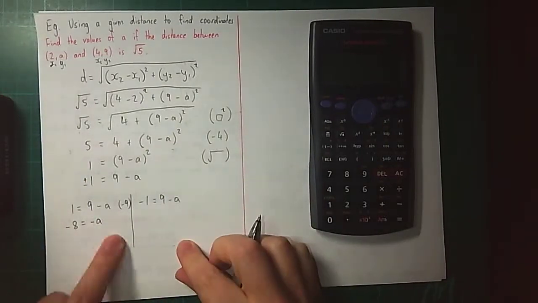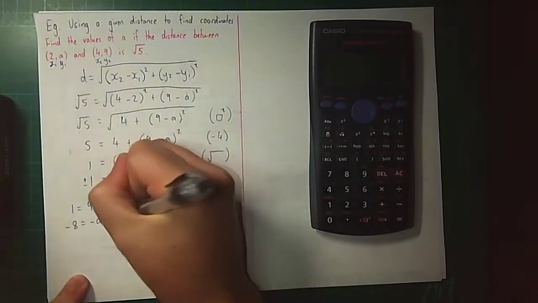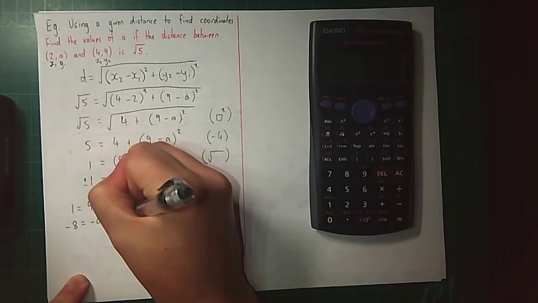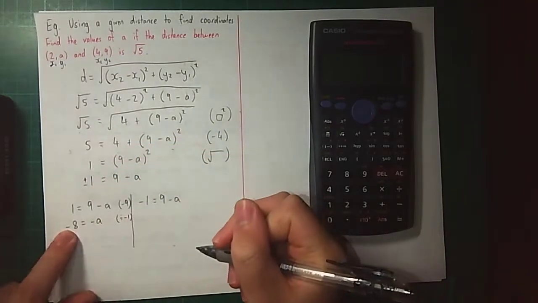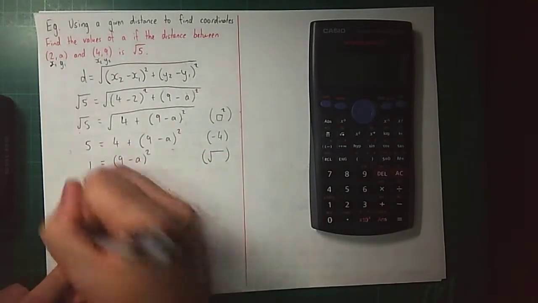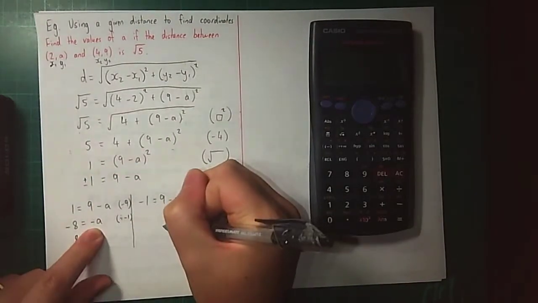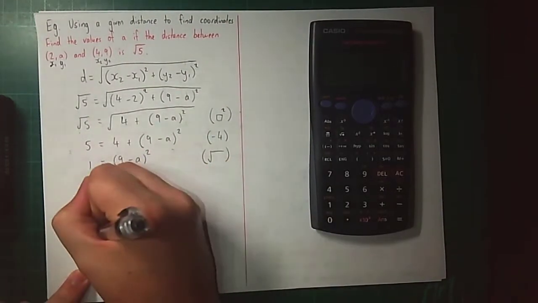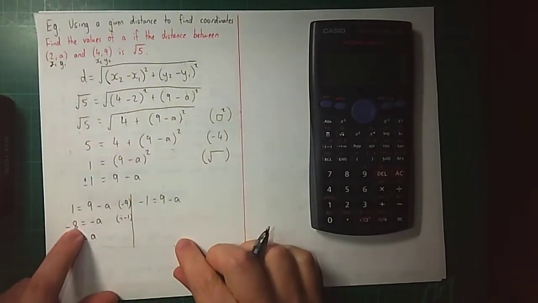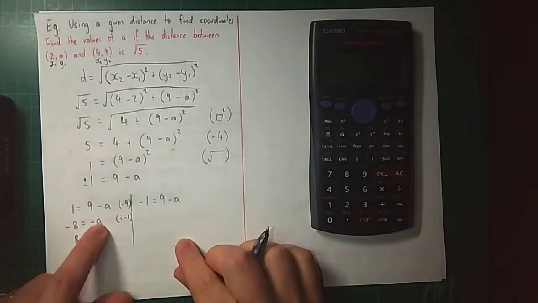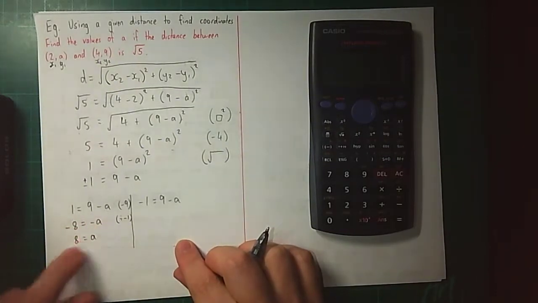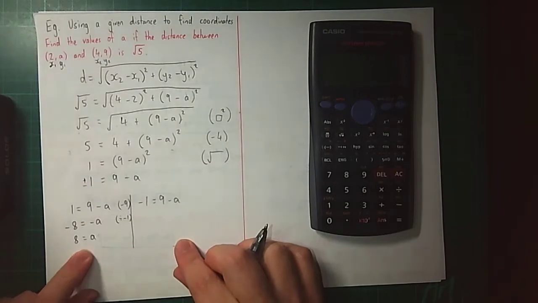And then they're both negative, so I can divide both sides by negative 1. By doing that, negative 8 divided by negative 1 just gives us 8, and negative a divided by negative 1 just gives us a. You could also recognize that negative 8 and negative a, that means that 8 is equal to a. So that's our situation here.